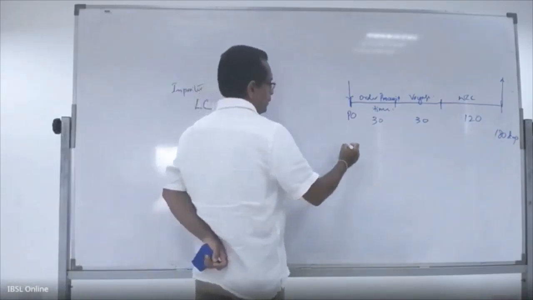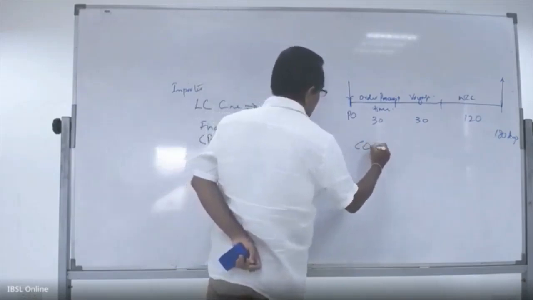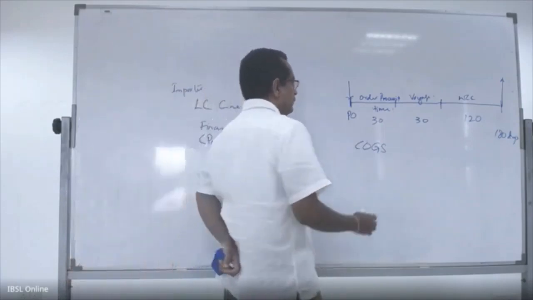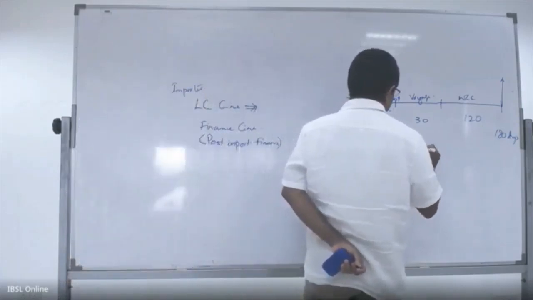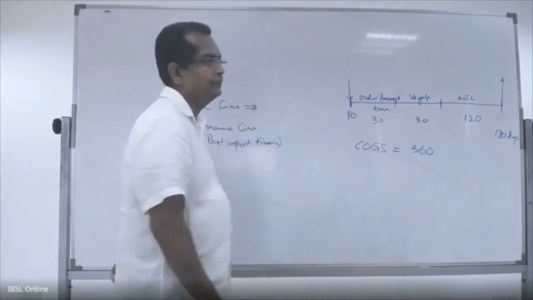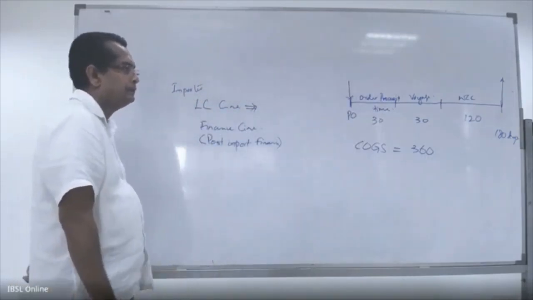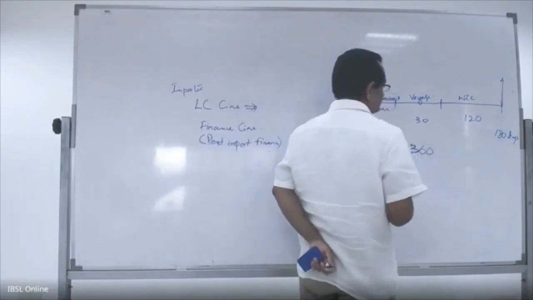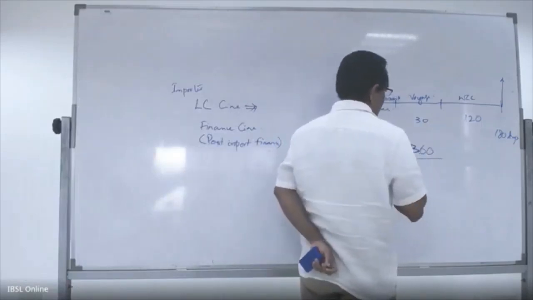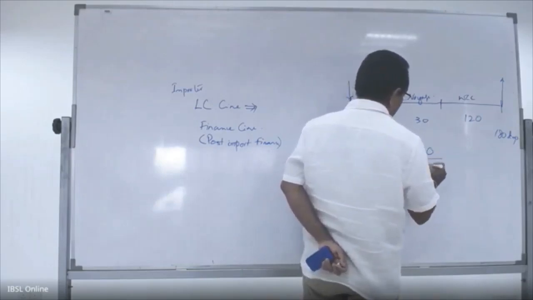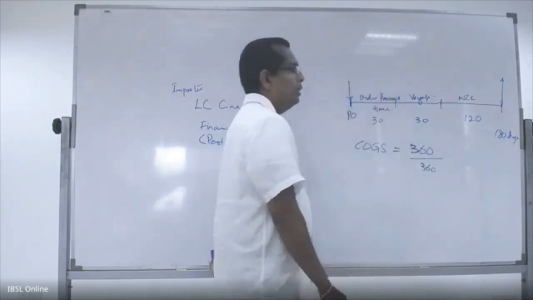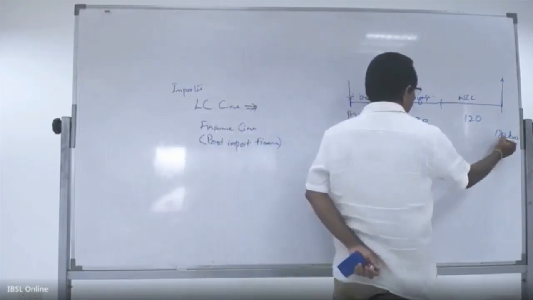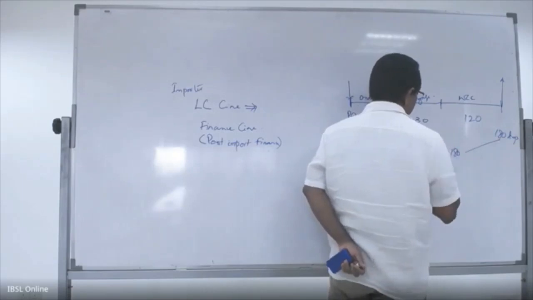We say the cost of goods sold, or direct cost in the P&L, for a year is 360 days. Right? So we divide that by 360, because the number of days is multiplied by this 180 days.